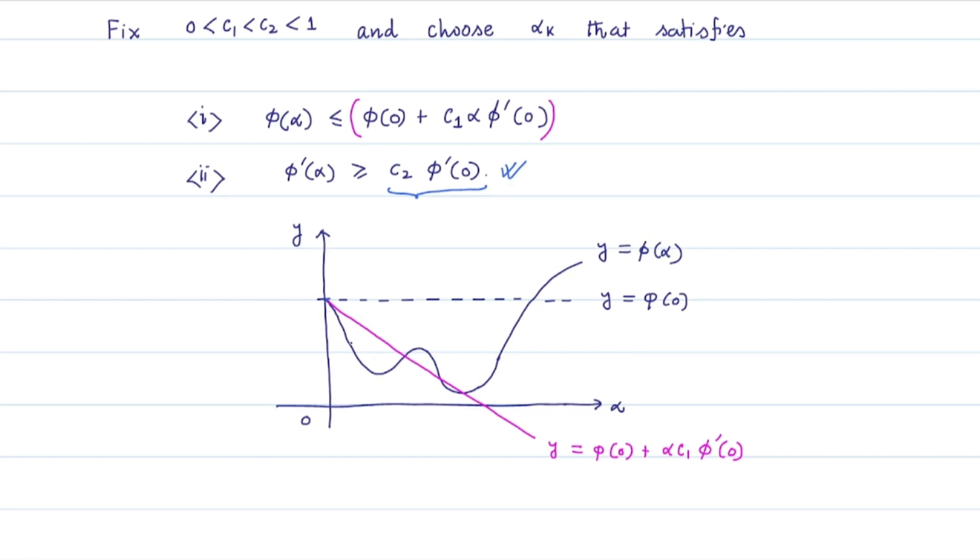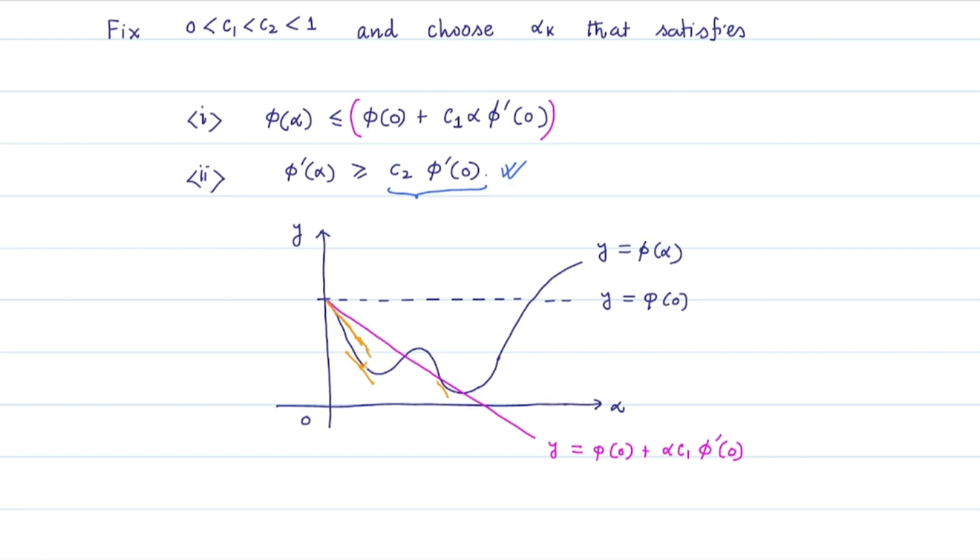As C2 lies in between C1 and 1, the slope of C2 times phi dash 0 is some slope, let's suppose like this. Now we identify those values of alpha at which the tangent has slope bigger than the slope of this line. Let's suppose at this point the tangent is parallel to this line, and here at this point also the tangent has the same slope as this line.